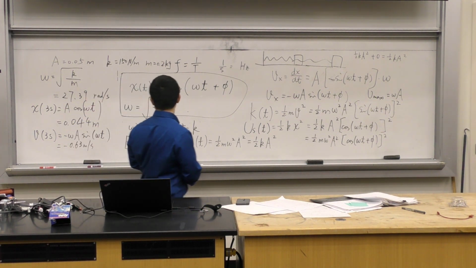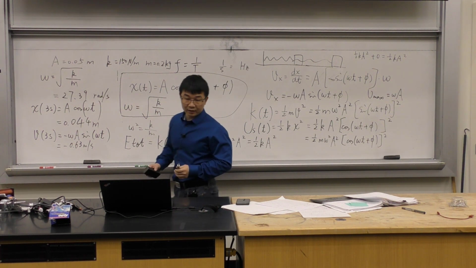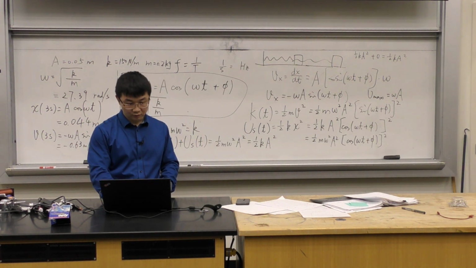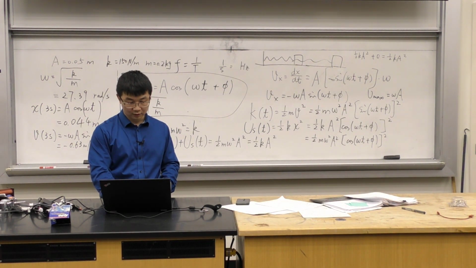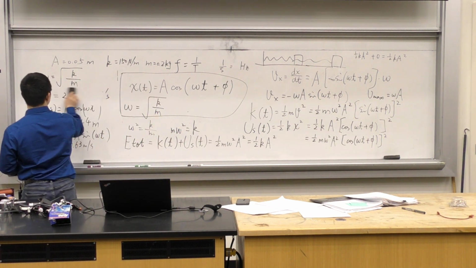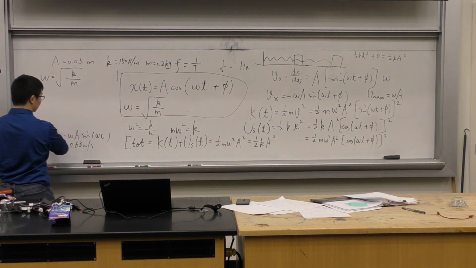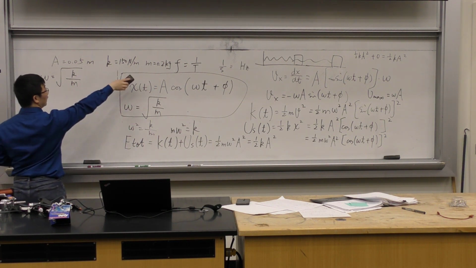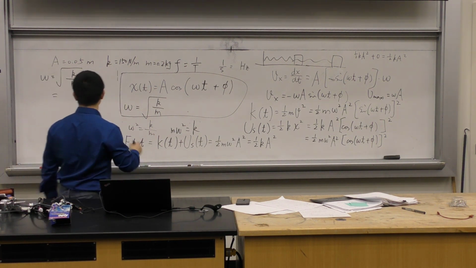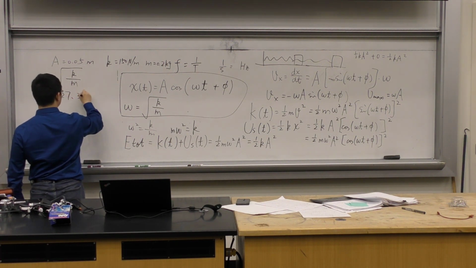So the problem is pretty much telling us the A is still the same. It's the same 200 g block. Oh yeah, okay, I used the same block. So the A is this, and then the k and the m are still this. So the omega is still going to be, what is the omega? 27.39.